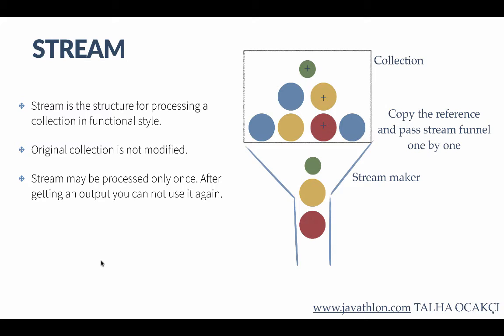While doing this, the original collection is not modified in any way, so nothing changes inside the original collection, but the references of all the items are passed to the stream, so that you may process all the items one by one inside your stream in functional style.